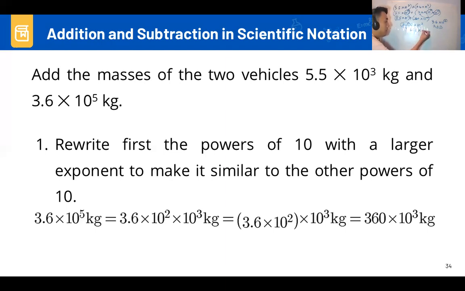Tama? So, it will become 3.655 times 10 to the 3. Mag-left tayo. So, we move to the left. Kapag naghahanap tayo ng sign ng ating exponent, kapag nagpa-left tayo, that is plus, right, minus. So, magpa-plus tayo ng ilang beses? 1, 2.